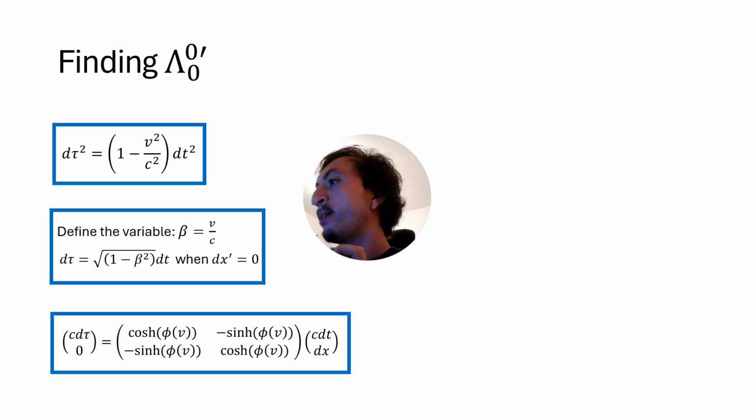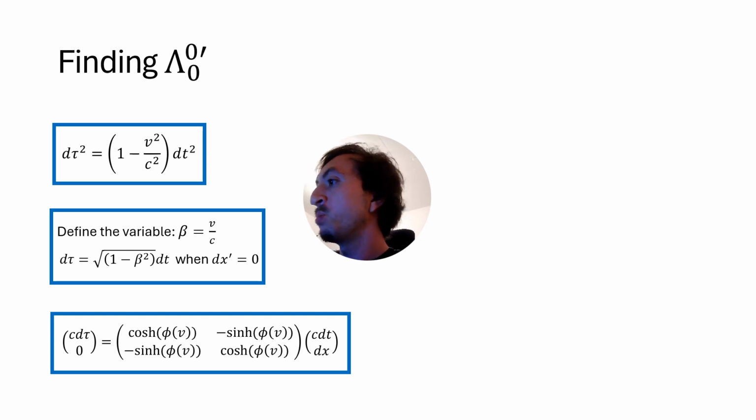Now, if we write everything we've essentially said: our equation for d tau, the fact that dx prime is 0, and the fact that the primed and non-primed components of the 4-vector, in this case 4-position, are related by our Lorentz transform, then putting it all together we can say confidently this bottom expression.